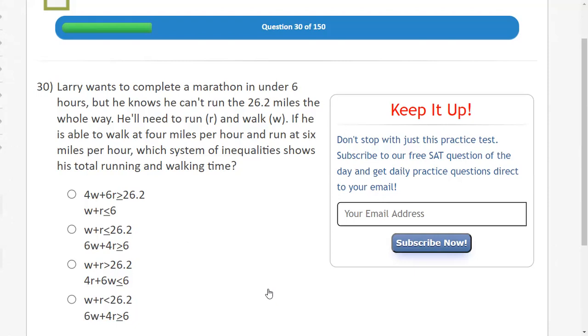Run or walk, that should equal running plus walk, should be, wait, 4 plus 6, right? And then 4W.